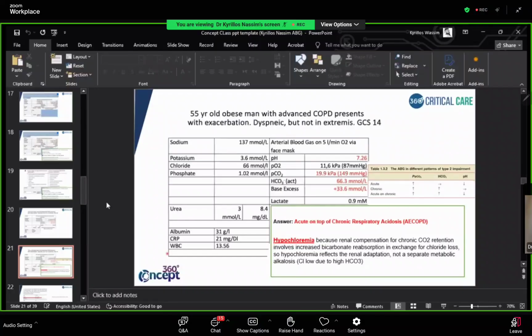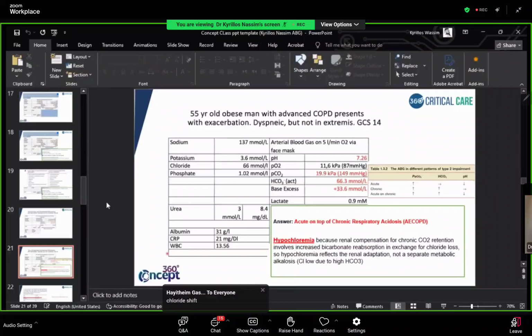And the hypochloremia is because the renal compensation of chronic CO2 retention in the COPD patient involves increased bicarbonate reabsorption in exchange for chloride loss. So with the chloride loss on one side, there is a reabsorption of bicarbonate on the other.